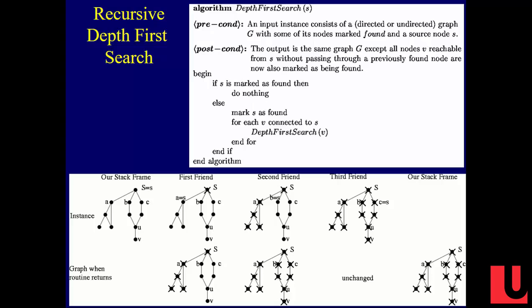Well, first off, don't micromanage your friends. We're not talking about what they're doing. All we know is our second friend was born here, and he is going to make sure that all the nodes reachable are covered. So which way he goes, that's just not our business.